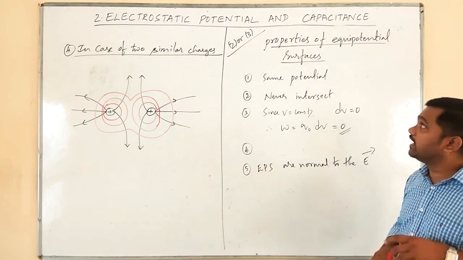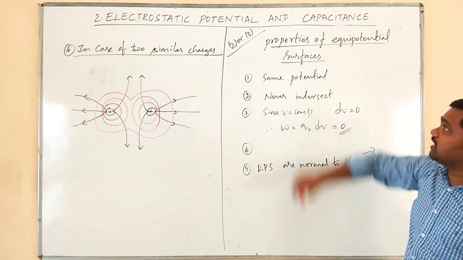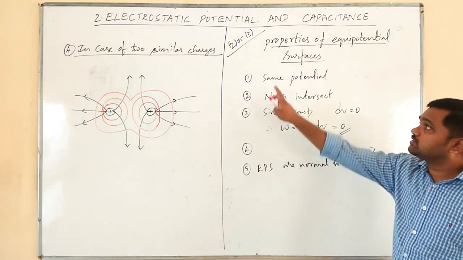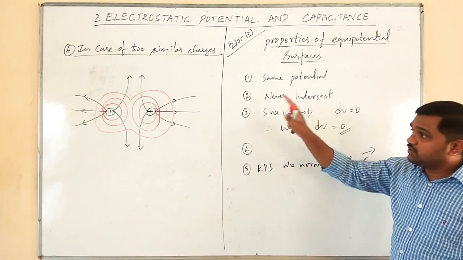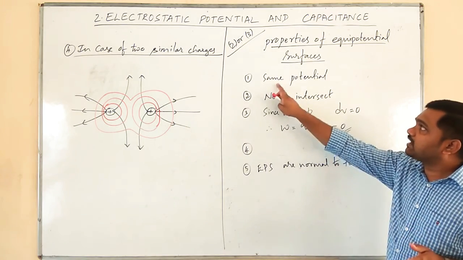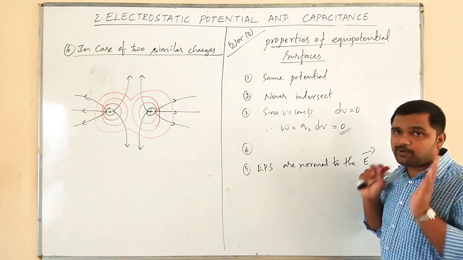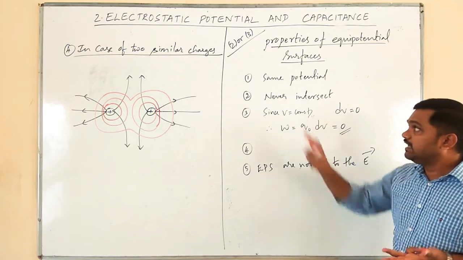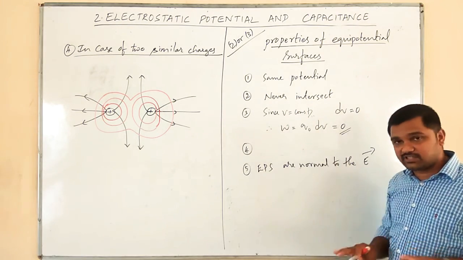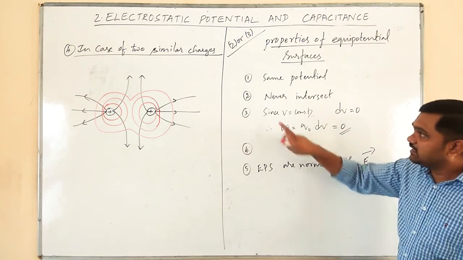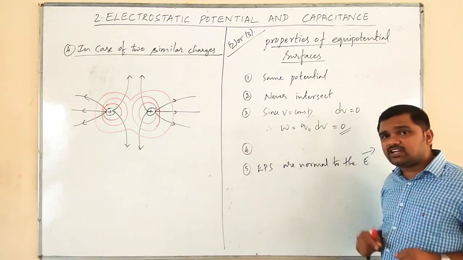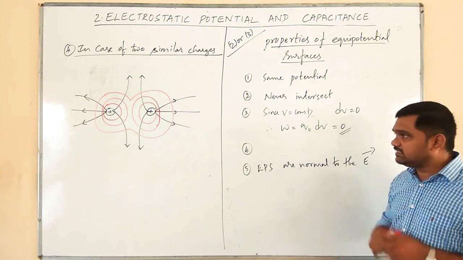I will repeat once again. If you get a question like this, to write the properties of equipotential surfaces: first, equipotential surfaces have the same electric potential at all the points on them. Second, they never intersect. Third, the amount of work done in moving a charge on them is 0.